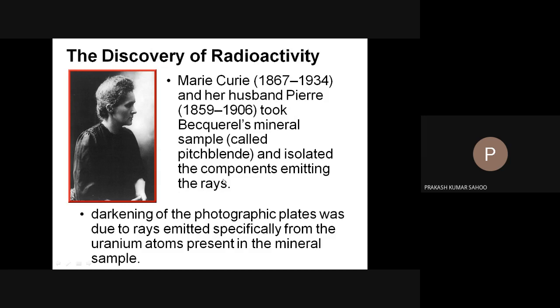For their contribution to science, they jointly discovered the element radium, for which they both got the Nobel Prize in Physics. Then after her husband's death, Marie Curie single-handedly discovered the element polonium. She named this new element polonium because it belongs to Poland.